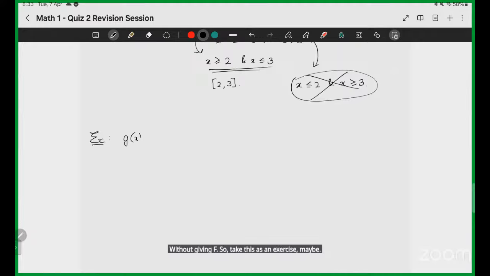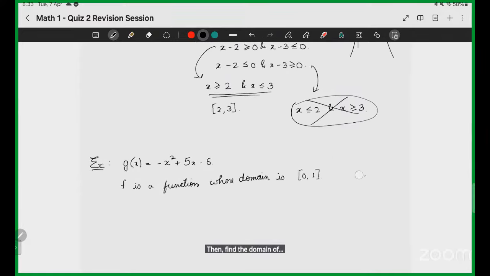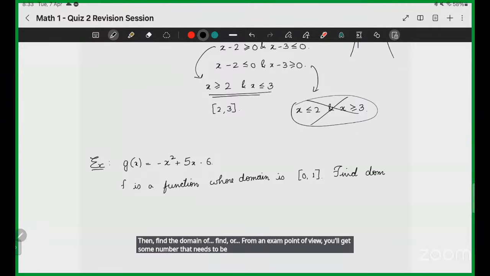Take g as the same thing. f is a function whose domain is 0 to 1, something like that. Then find the domain of f of g. From an exam point of view, you'll get some number that needs to be calculated, which will be very immediate after you find the domain.